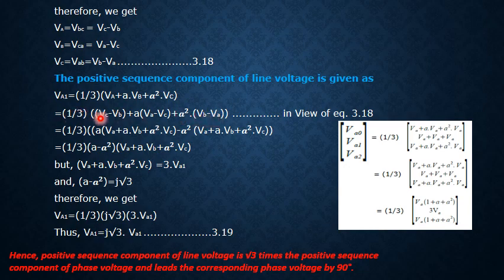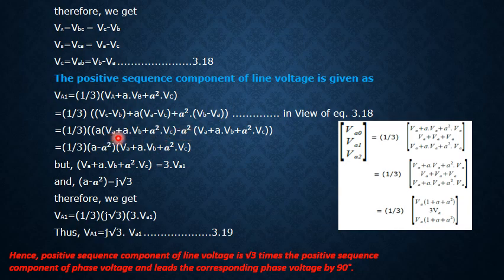So further, what can be done now? Simplify, multiply each bracket and simplify it further. If we multiply and simplify, we are going to get this equation. From that I'm going to take A as common for one term, and minus A square as common for one term.